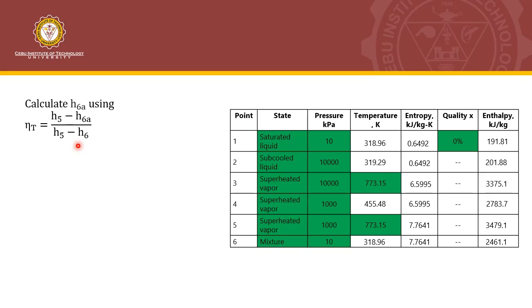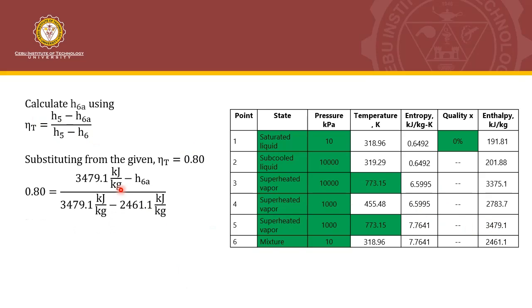We are given the isentropic efficiency of the turbine as 0.8, and the values of H5 and H6 are found in the table. So we just input those values and rearrange to solve for H6A, and we obtain 2,664.7 kilojoules per kilogram. This is now the value of the enthalpy at 6A that we will use.